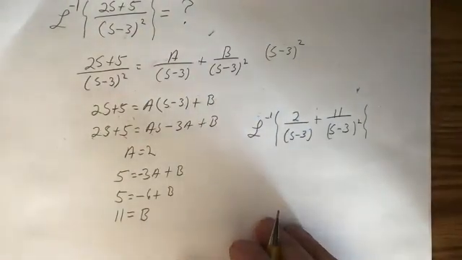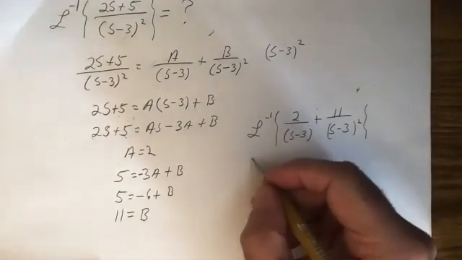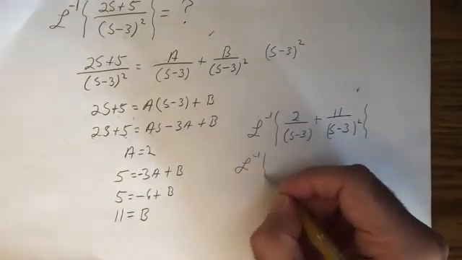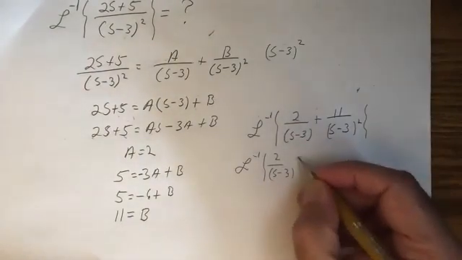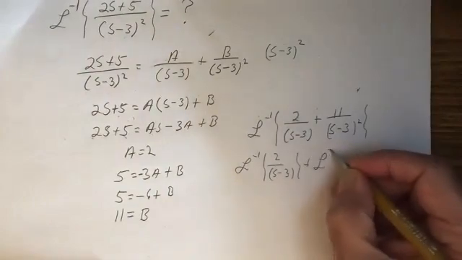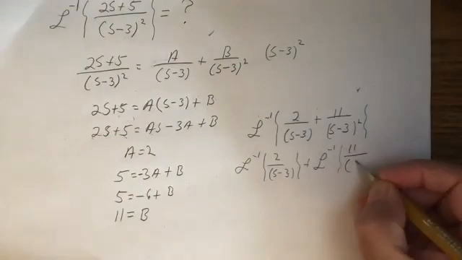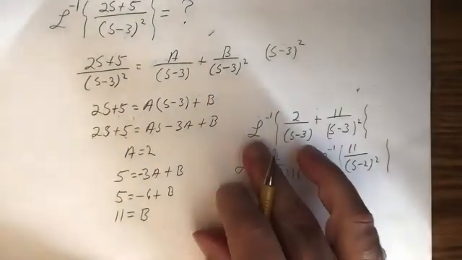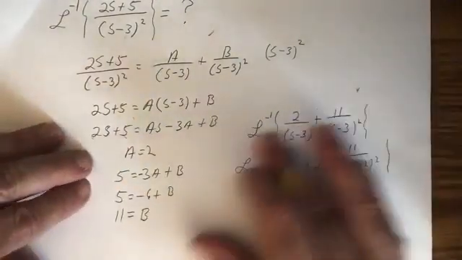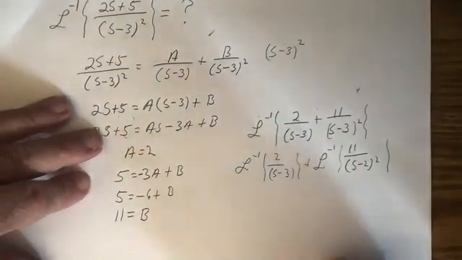I might have left this step out in my notes. I'm just using the linear property of the Laplace transform, but you could just jump right to the next step if you want.